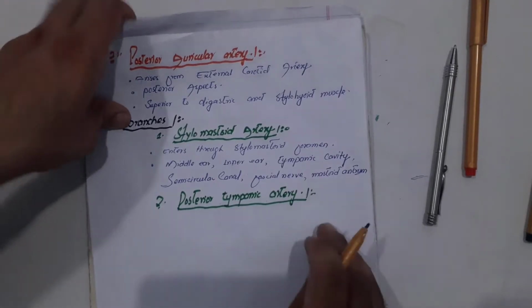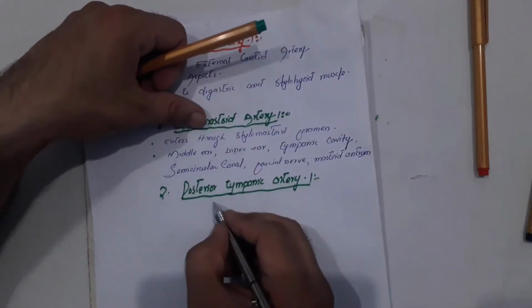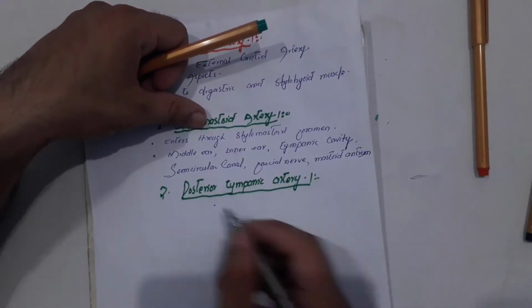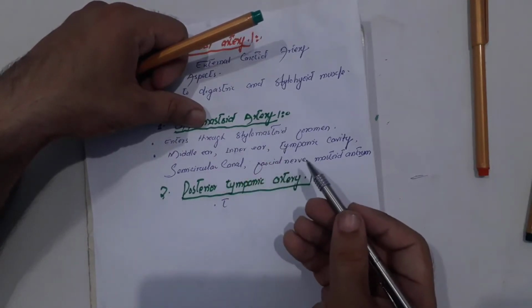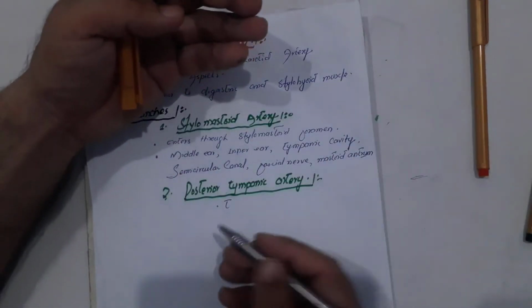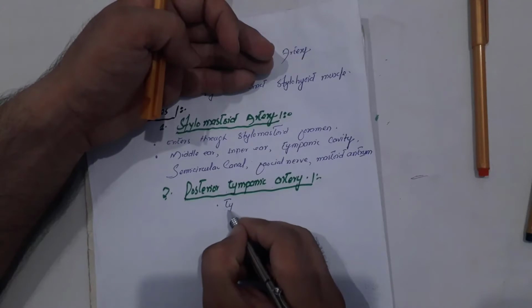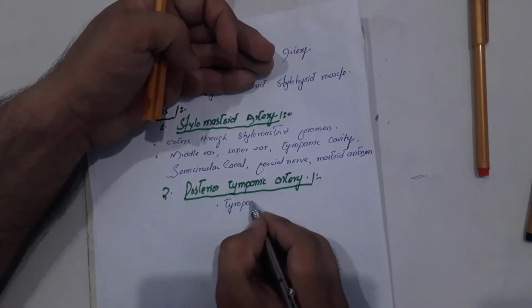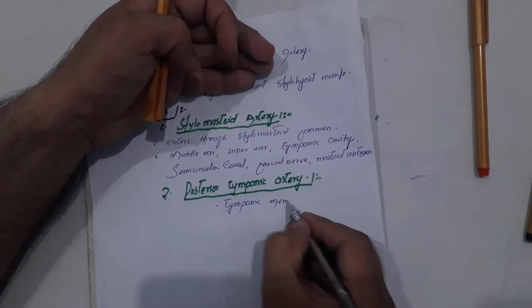This is the second branch, and this artery is responsible for supplying the tympanic membrane, right? As there is an anterior tympanic artery also, and this is the posterior, both of them will unite and make an anastomosis. So this artery supplies blood to the tympanic membrane or eardrum.